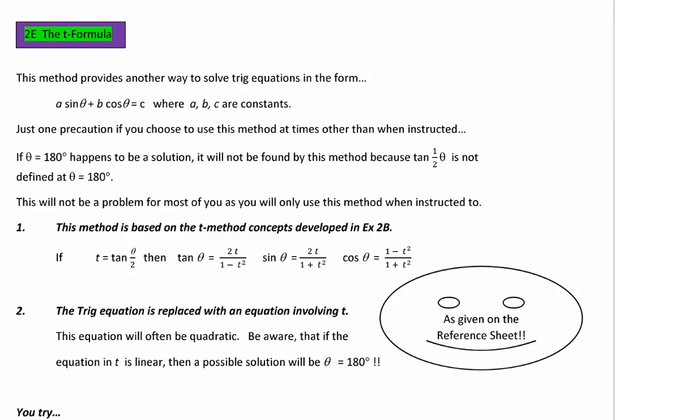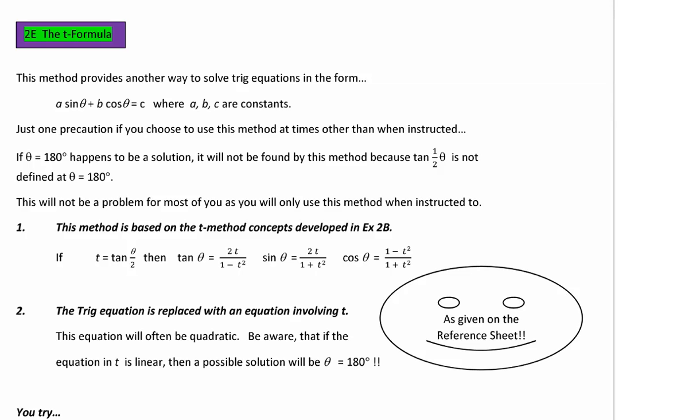We'll have an equation in terms of t to solve, and then we will replace our values for t with our tan theta on 2, as you know.